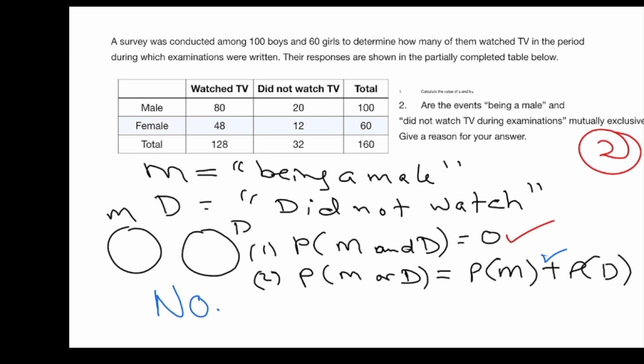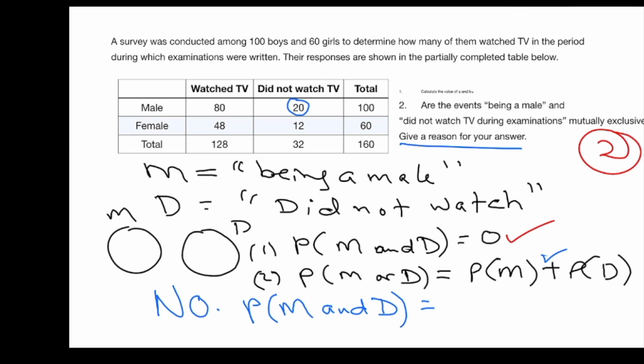But I know in this case because I did work this one out earlier on. And the reason why, because it says give a reason. The reason why I say no is because if I work out the probability of M and D, the probability that one person chosen at random is male and did not watch television, obviously we are talking about those 20 there.